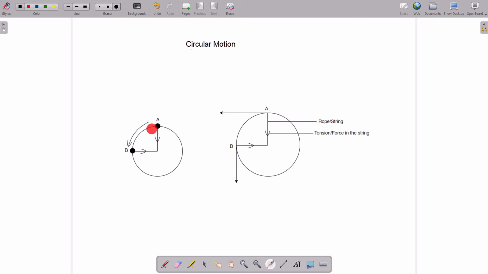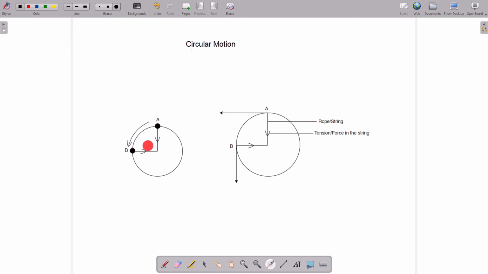Well, from this diagram, the string is what produces this external force acting on the stone to help it move in a circular manner. The string has tensional force, or there is tension in the string. And the tension in the string is what pulls in on the stone to cause it to move in a circular manner.